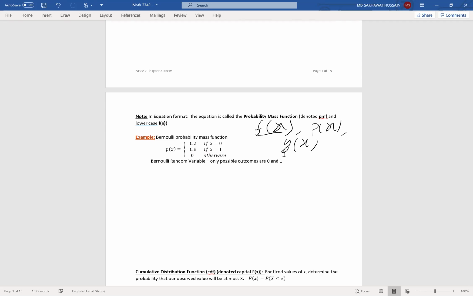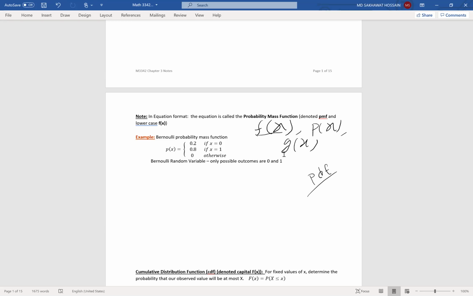This is a function of the random variable x. For a discrete random variable, it is called the probability mass function, or PMF. For a continuous random variable, we'll discuss this in the next chapter, it is called the probability density function, or PDF.